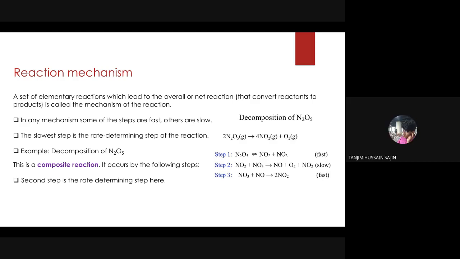Is it because it produces more products, or... So if we wish to get from here to here, we need to pass through these steps, right? Okay. So even if these steps happen faster, we can only get the product at the rate of the slower step. Is it clear? Yes, sir? So that's why this is the rate determining step.